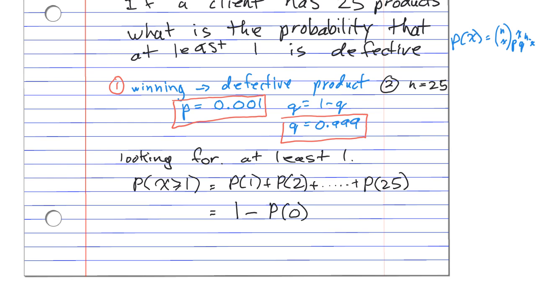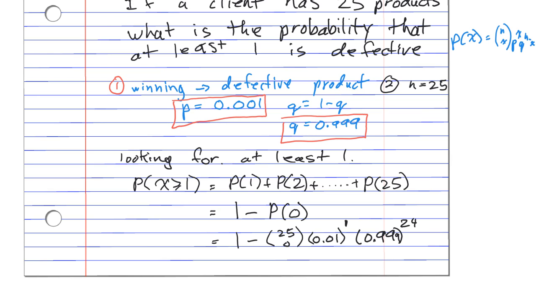So we're going to use our basic equation there. So we got 1 minus, well, 25 choose 0, times 0.01 raised to the 1, times 0.99 raised to the, well, there's 25 trials. If I have 1, that means there's 24 failures, right?